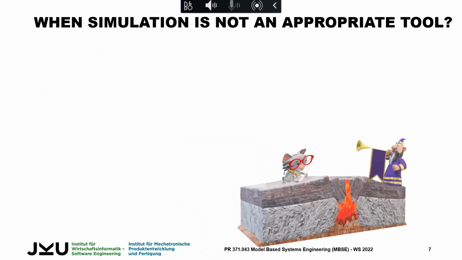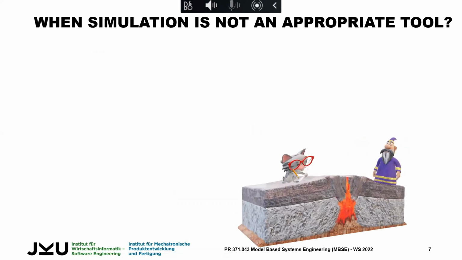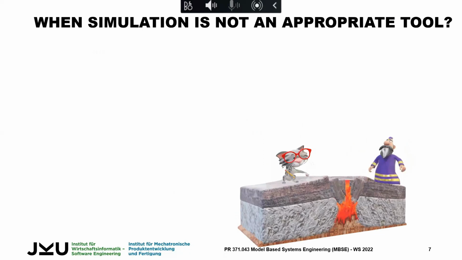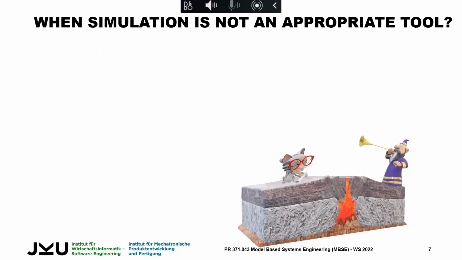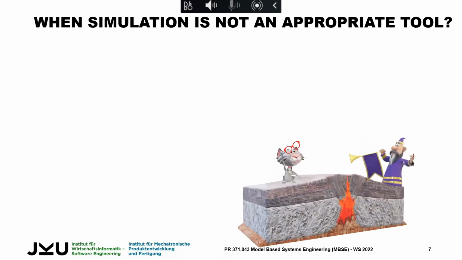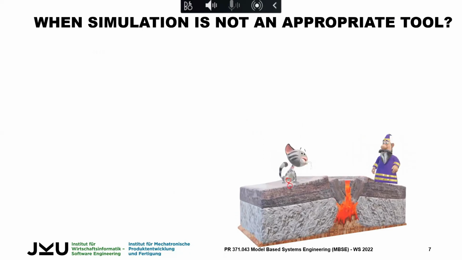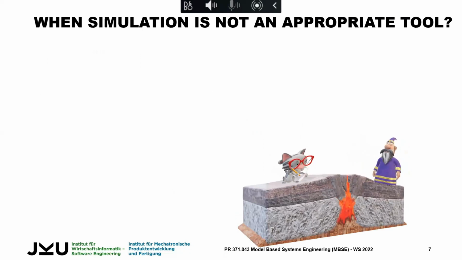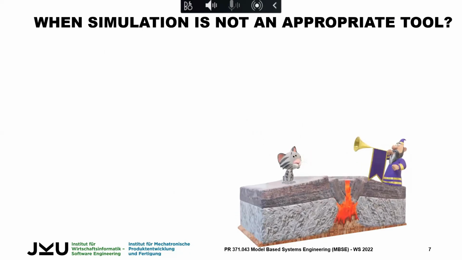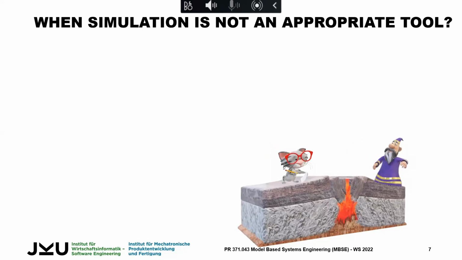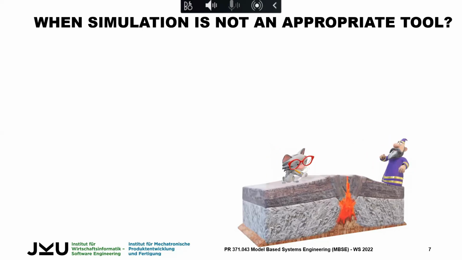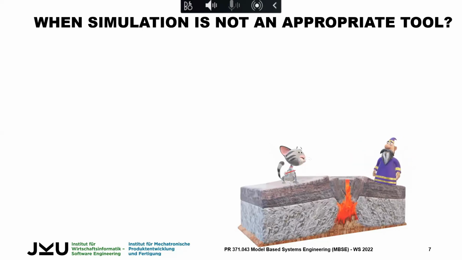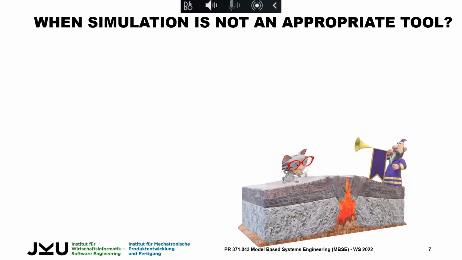Okay. When simulation is not an appropriate tool. If you see this animation, do you think that the cat or lion supposed to calculate something so as not to go over this, I don't know what it is called, the erosion?